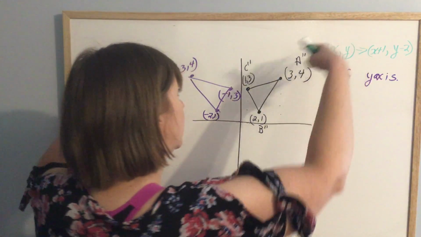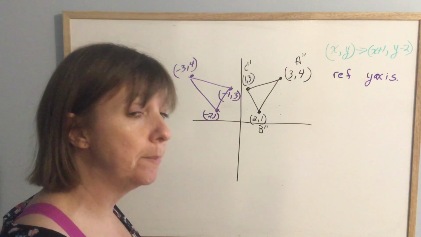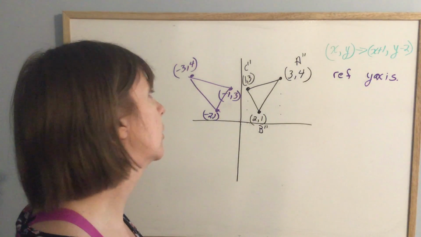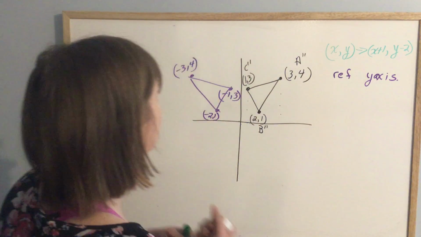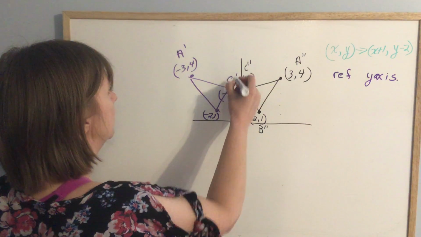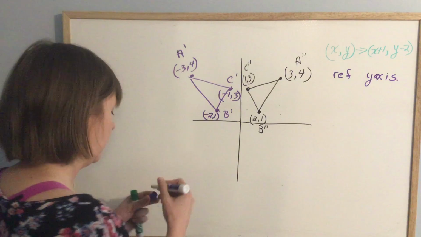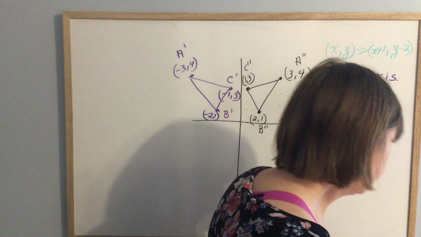And instead of moving it down 2, you have to go up 2. You have to do exactly backwards because you're working backwards. Oh, I didn't label those points, did I? I told you guys you had to, and then I didn't. So this would be A prime, this would be C prime, and this would be B prime. And we're looking for the original, A, B, and C.